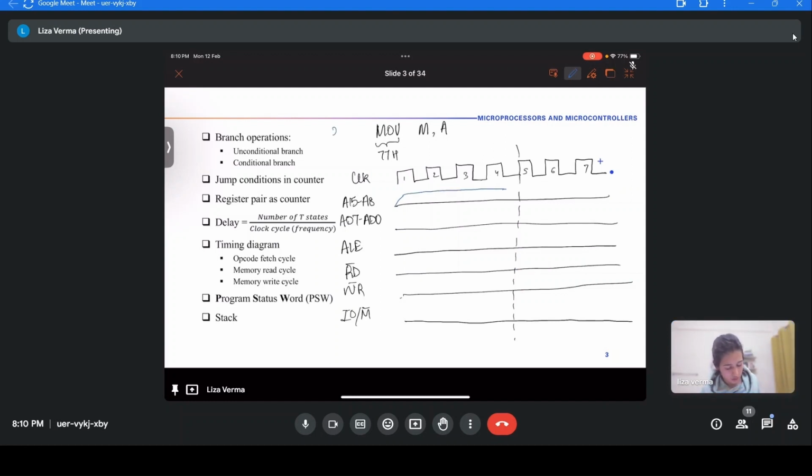Let's say it is at 2000 only. So A15 to A8 will get 20H. The ALE signal will be high for the first T state, then it will go low. And because it is high for the first T state, AD7 to AD0 will have 00H. And after that, the read signal will be followed by 77H.